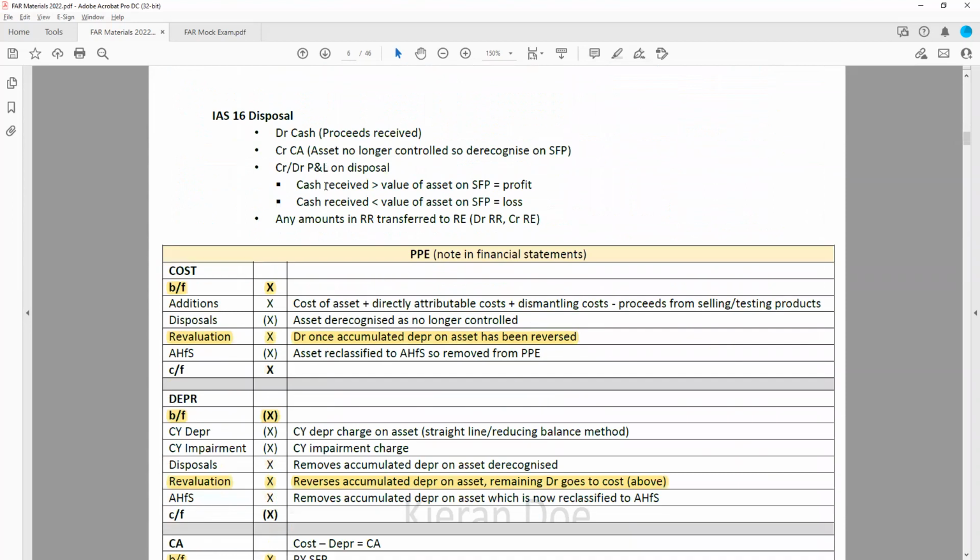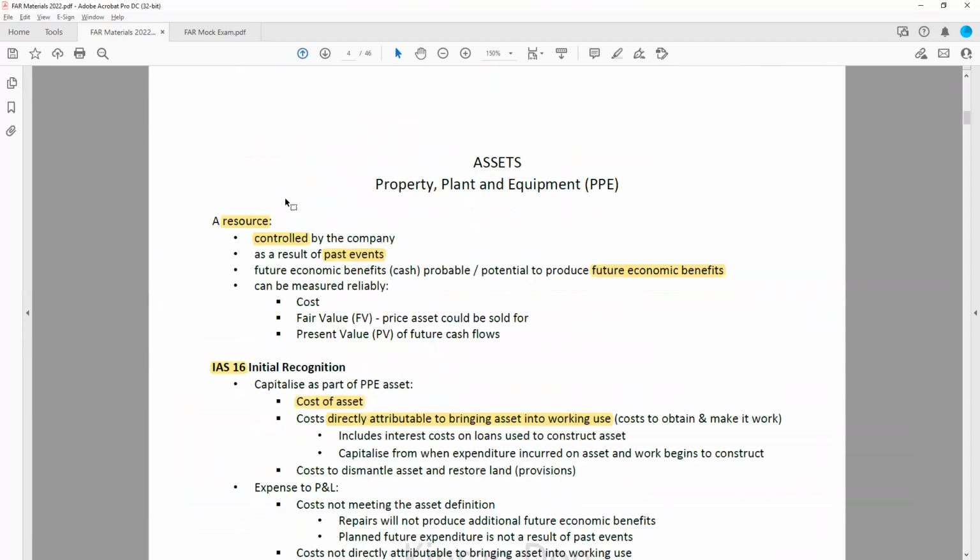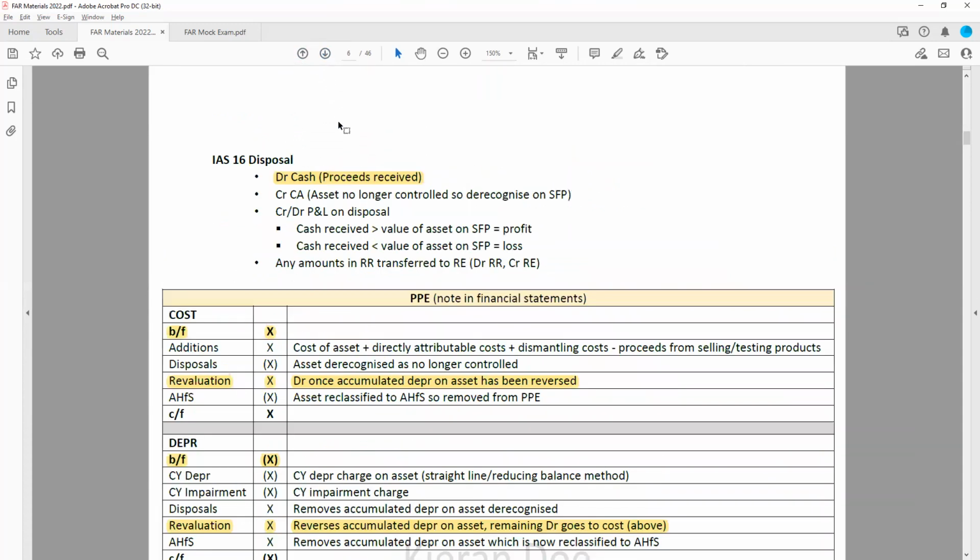So you actually sell the asset. Now this is quite logical when you think about accounting. If you sell an asset, whenever you've got cash, it's quite easy to do the first entry, because did you receive cash or did you pay cash out? So if you're selling an asset, you receive cash, debit cash. If you sold an asset, you have to de-recognize that asset. If you sell it, clearly you no longer control it. So therefore you have to take it off the SFP.